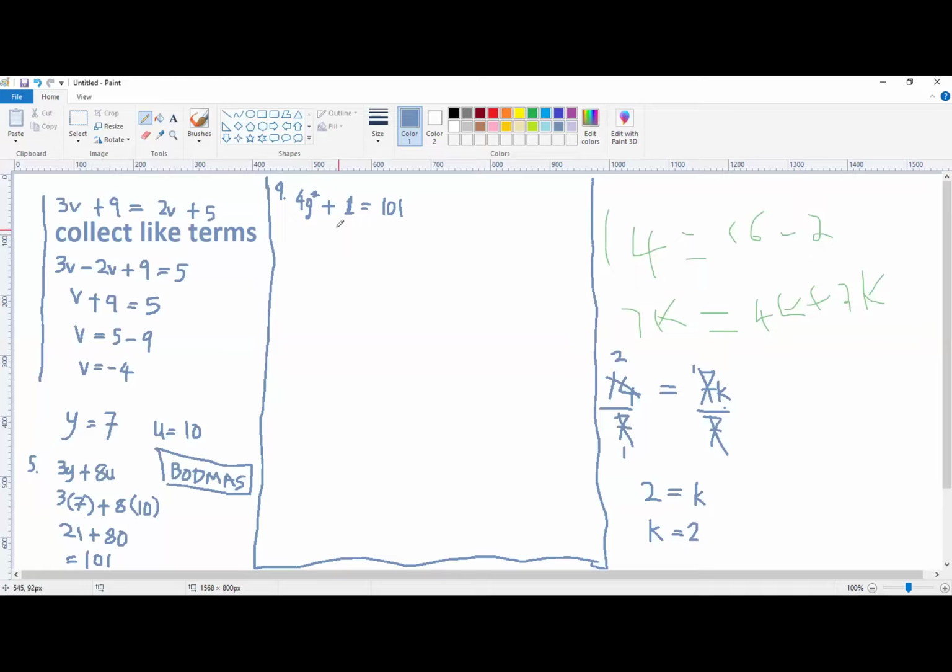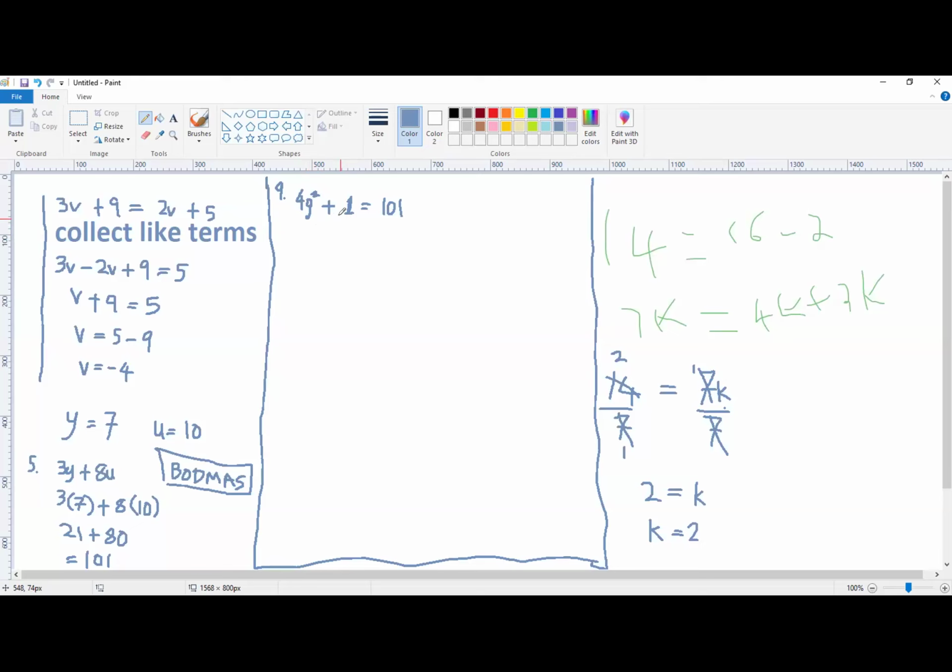So, which one would you like to move over to the other side to join the other? Would you prefer to move 4g squared? Okay, let me show you the options.